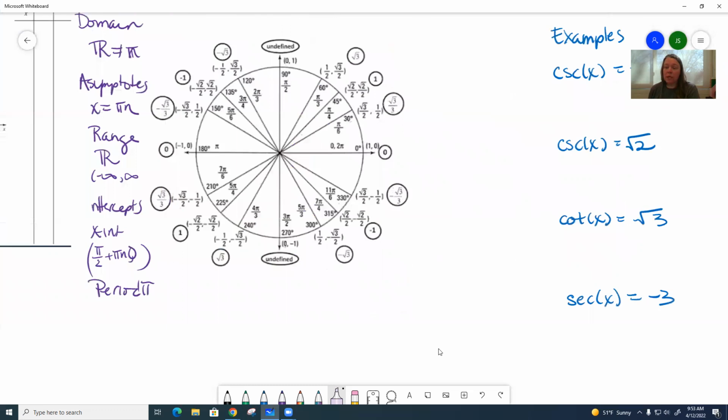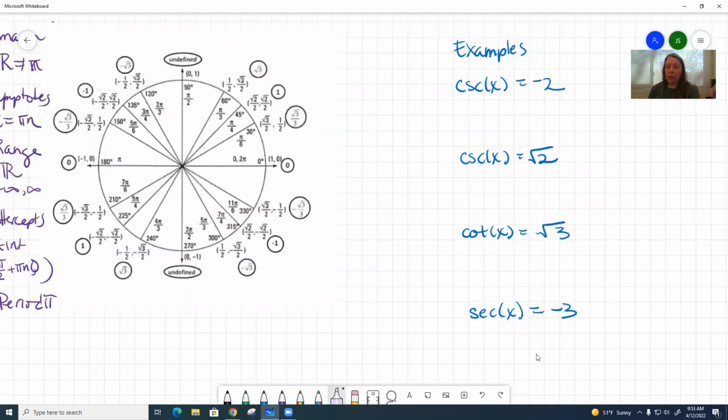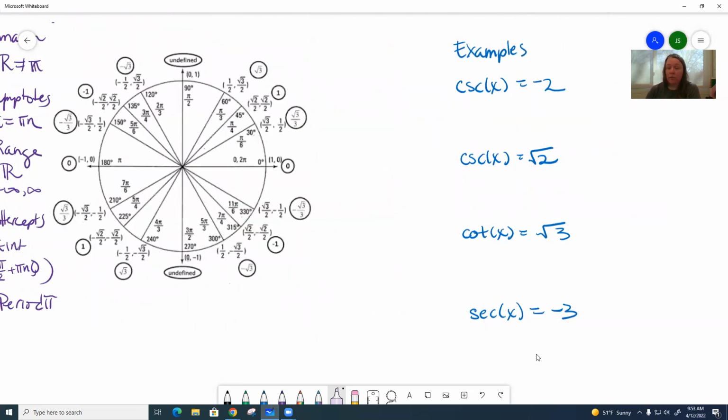So for the cosecant of -2, I know cosecant is the reciprocal of the sine. So if the cosecant is -2, then the sine of the angle must be the reciprocal of -2, which is -1/2. So I want to know the angle where the sine, which on the unit circle is the y value, is -1/2.